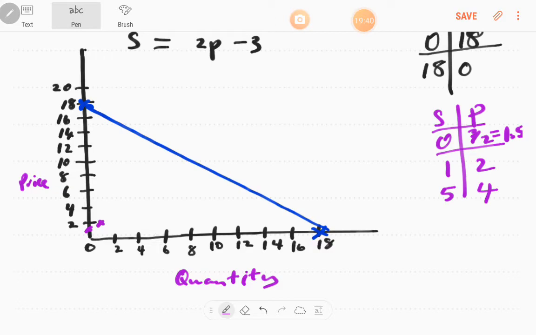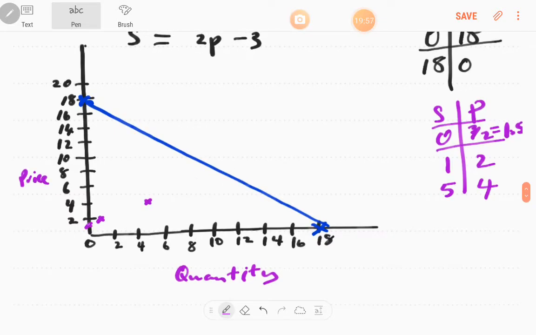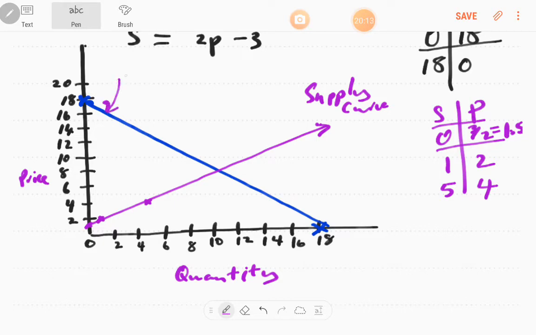When the quantity supplied is 5, the price is 4. If we drew a straight line connecting those points, here's our supply curve, and this is our demand curve.